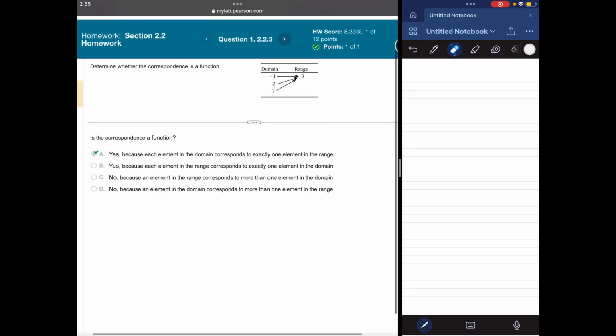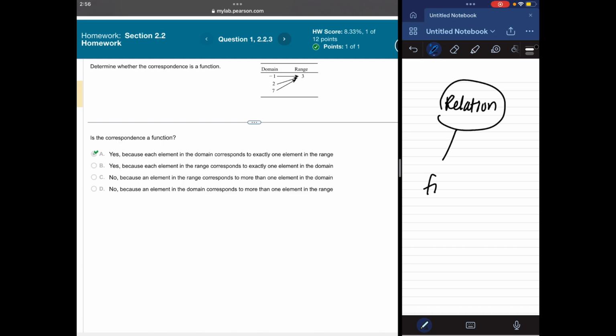2, it says determine whether the correspondence is a function. So the way that it works is you have a relation, and then you have a function, and then the function is 1-to-1, and this is by 1x to 1y, or it's by another way to see is the vertical line test.